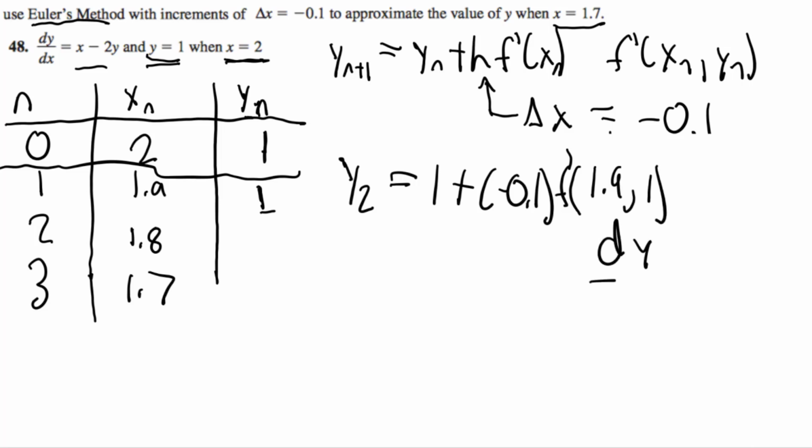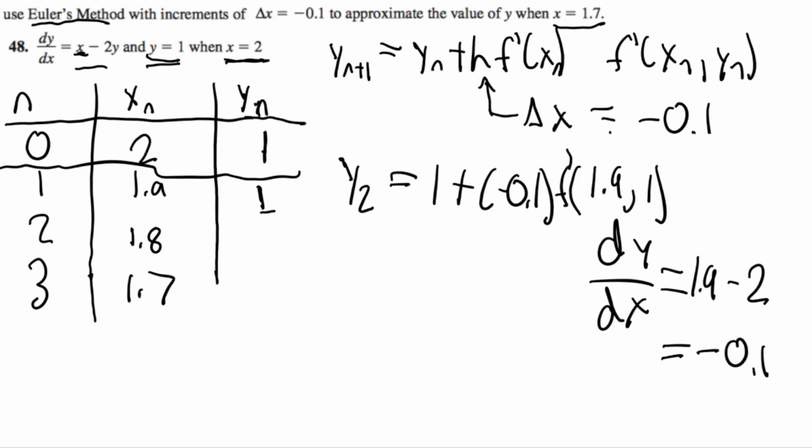To find the derivative, we get dy/dx by plugging in our values: an x of 1.9 minus 2 times a y of 1, and we get a dy/dx of negative 0.1. So y2 is equal to 1 plus negative 0.1 times this value, negative 0.1.